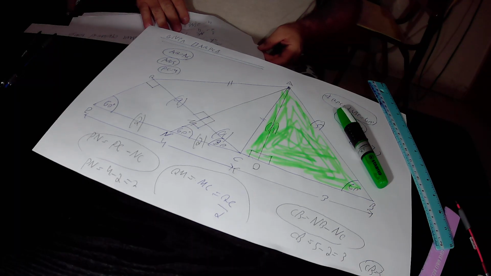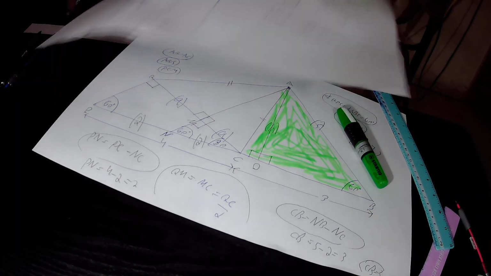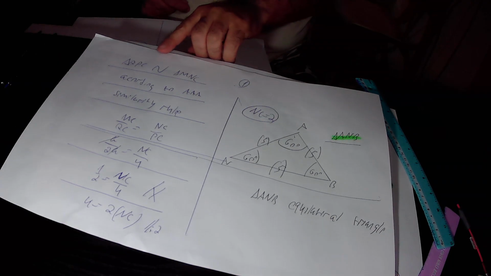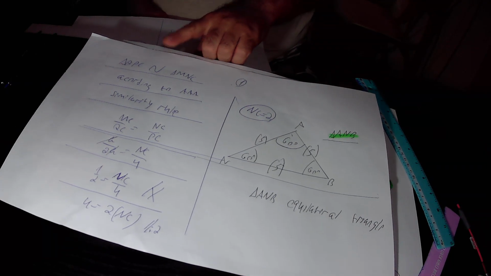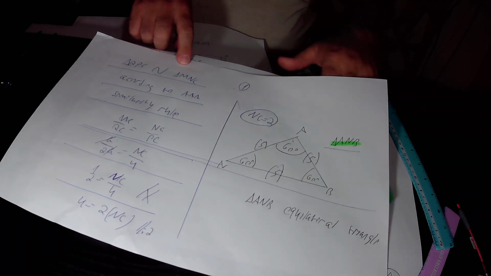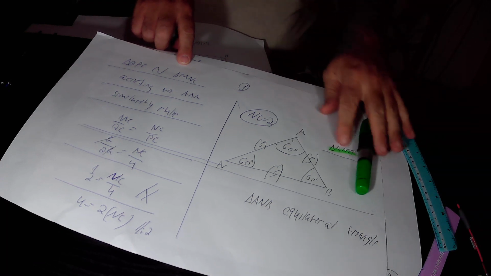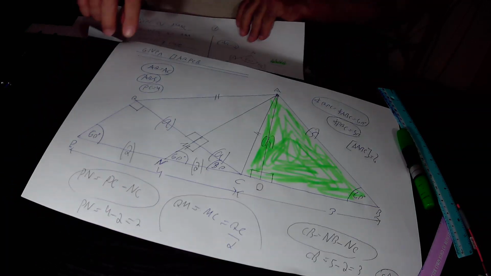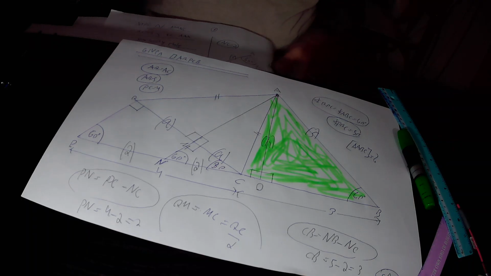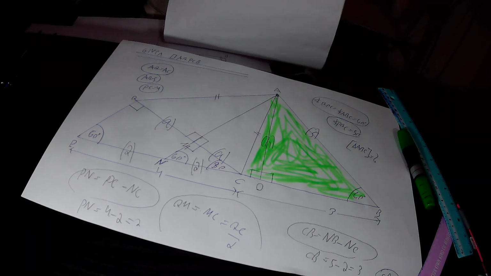So to repeat again, we found out that the big right triangle QPC is similar, this is the sign of similar, to the small right triangle NMC according to the angle similarity rule. And from the fact that those two right triangles are similar to each other, we derive that the following relationship exists between their sides.